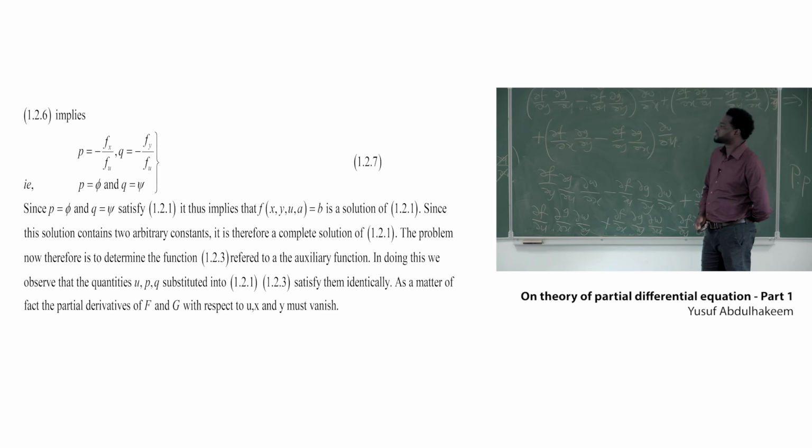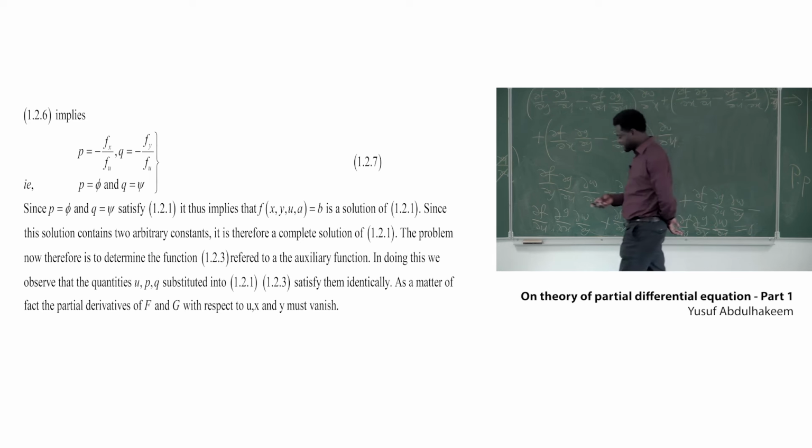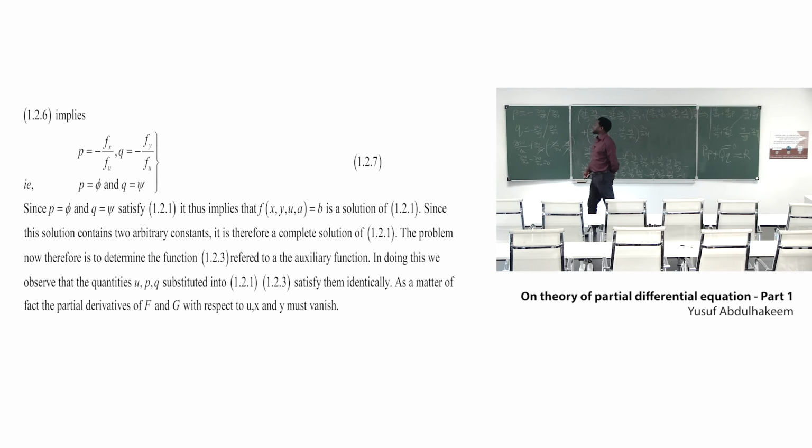So p here is equal to φ and q is equal to ψ, which means that this φ is the same thing as minus fx divided by fu, and this ψ here is the same thing as minus fy divided by fu. So since p equal to this satisfies 1.2.1, it implies that f of x, y, u, a equal to b is a solution of 1.2.1. Since this solution contains two arbitrary constants, it is therefore a complete solution of this.